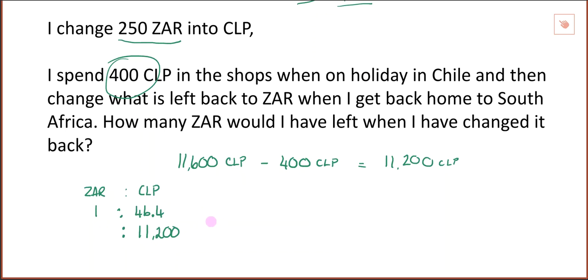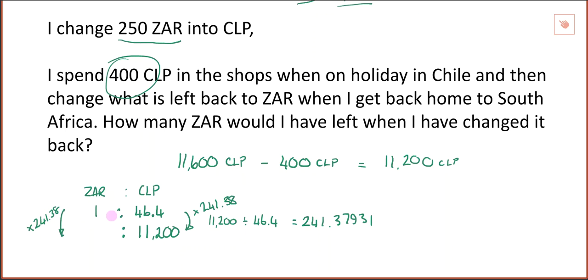So I'm going to do my 11,200 divided by 46.4, which is equal to 241.37931. So that's what we are multiplying by, I'm going to round that to 241.38. So that's what we multiply on this side, 241.38.